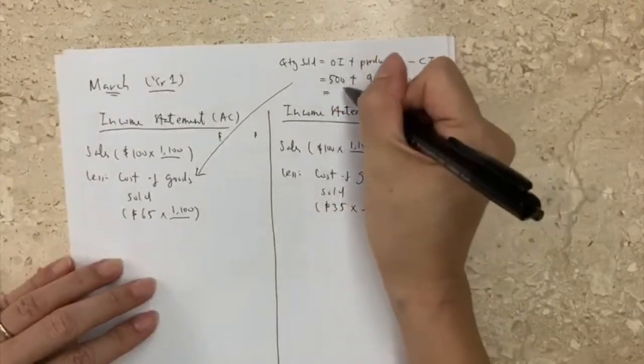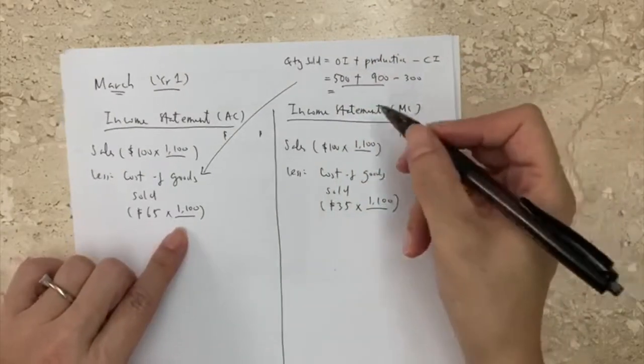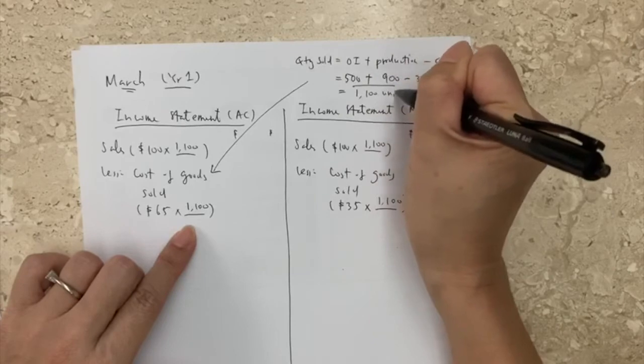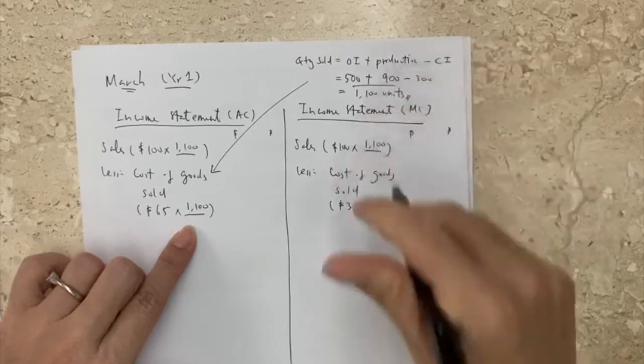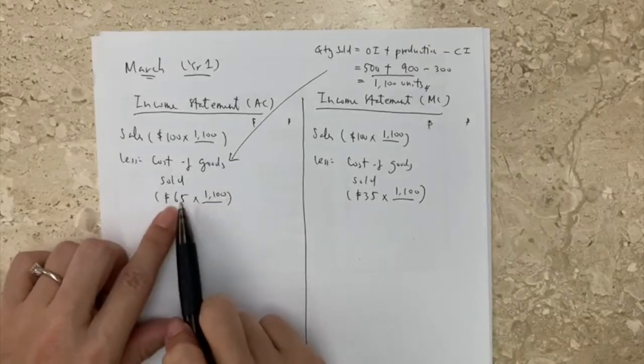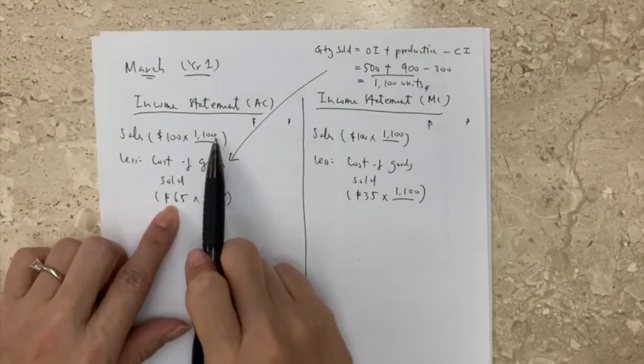It's the same as quantity sold, 1,100 units.